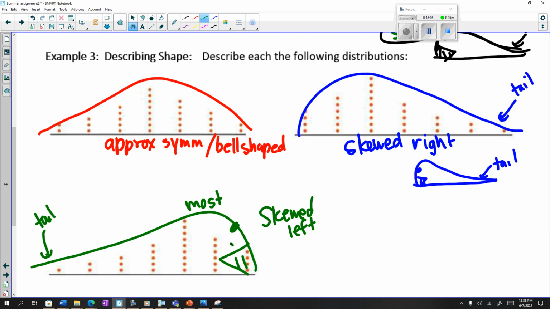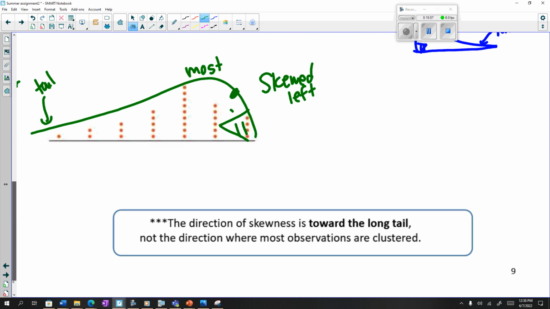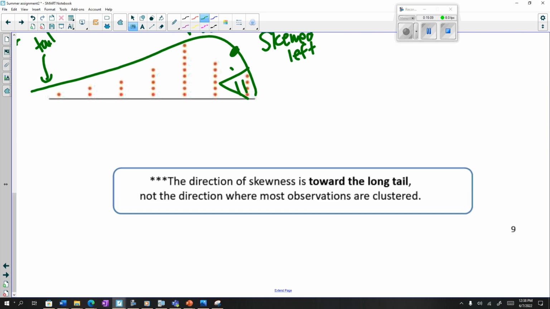So that's what it says here on the bottom of the page. It says the direction of the skewness is toward the longer tail, not the direction where most of the observations are clustered. So in the last one, most of the data was clustered on the right, but the tail was on the left, so it skewed left toward the tail.